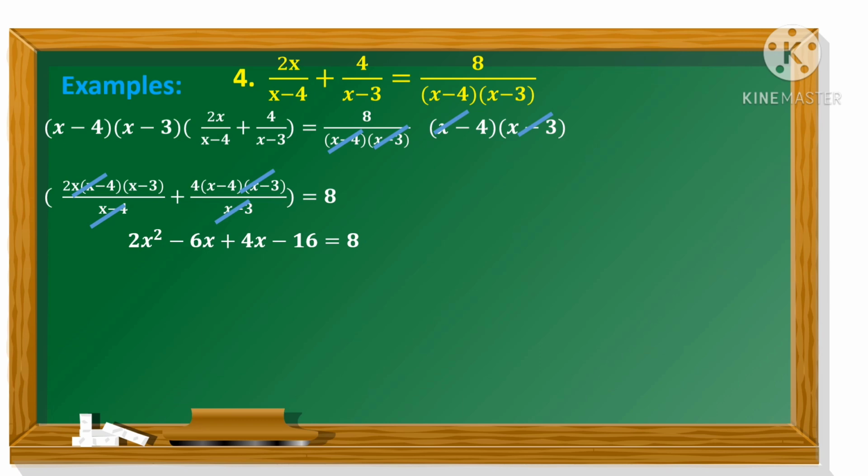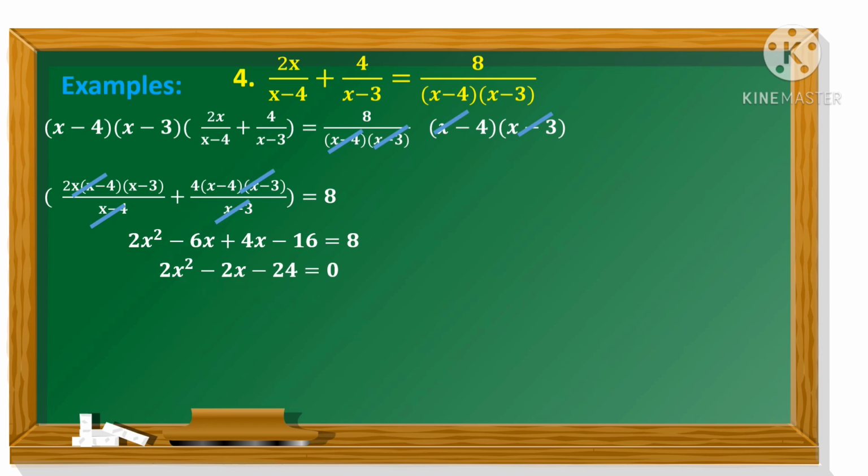Okay? Then we have to simplify. This negative 6x and 4x can be combined. So we have negative 2x. Then the 8 also, we transpose to the left side, and minus 16. That's why you have the negative 24. If you will observe, all the numbers involved in the equation are even numbers.